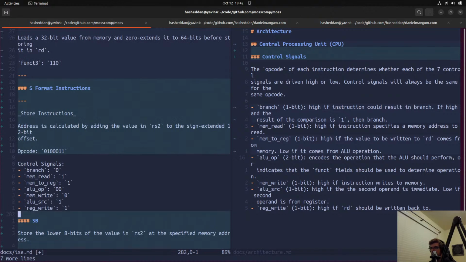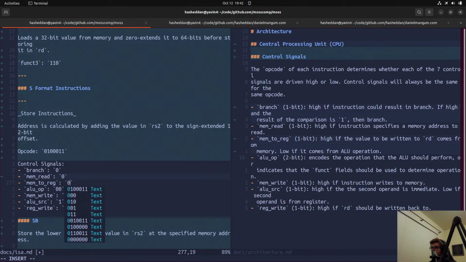Okay. So for a store instruction, okay, cool. We do have these where we can check ourselves. But let's not look before. So branch, memory read, memory to register: nope.